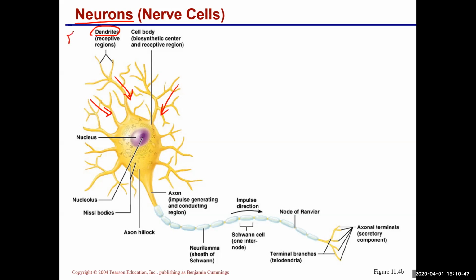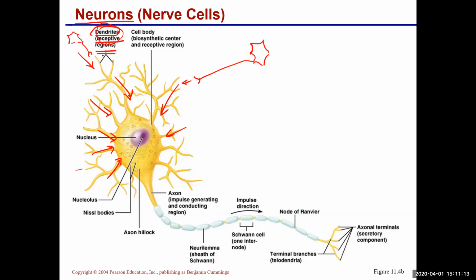I'm going to draw it small, but it could be another nerve right over here, and the signal they're sending can be received from here. Or there could be another nerve right over here, and again, the signal can be received from here. So these are all different signals that can get received. These are collectively known as dendrites.